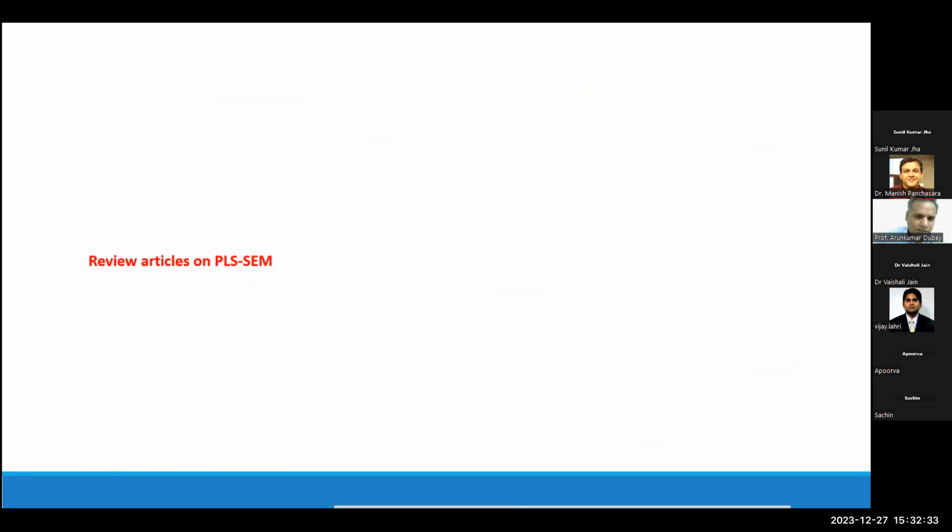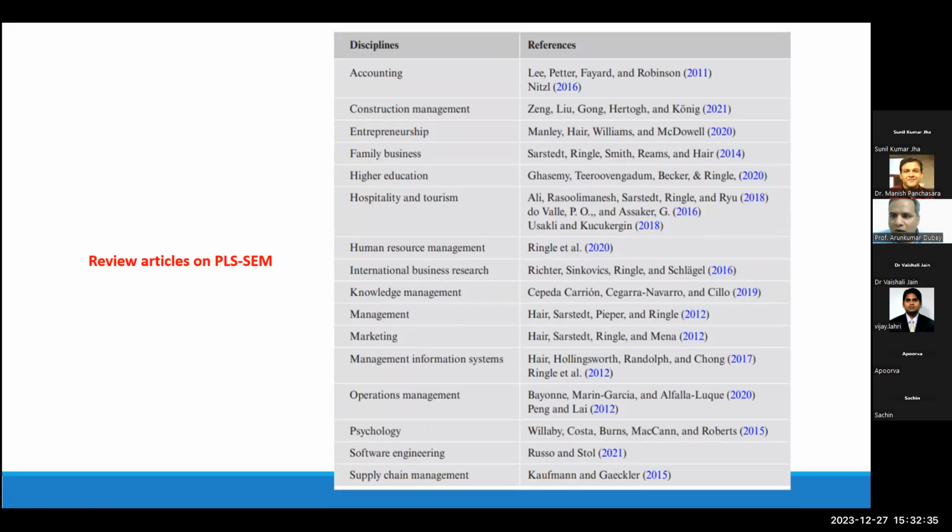Let me go ahead. These are some of the review articles. You should definitely read some of these papers, covering almost all disciplines: accounting, construction management, entrepreneurship, HR, knowledge, marketing, operations, psychology. There are a lot of review papers written on PLS-SEM.